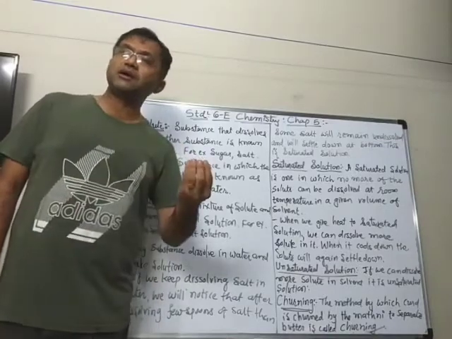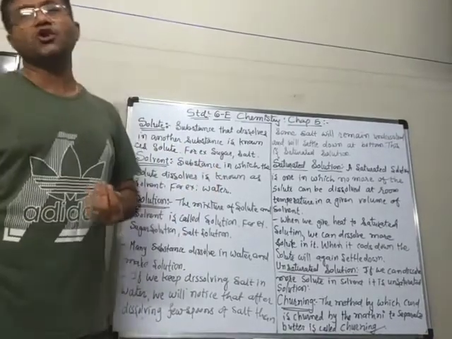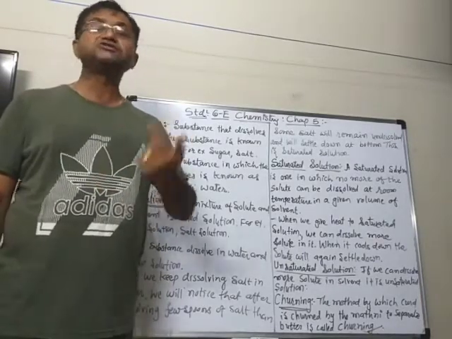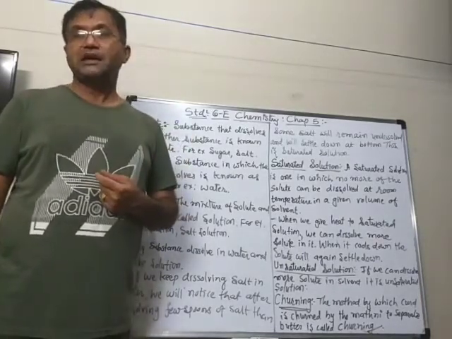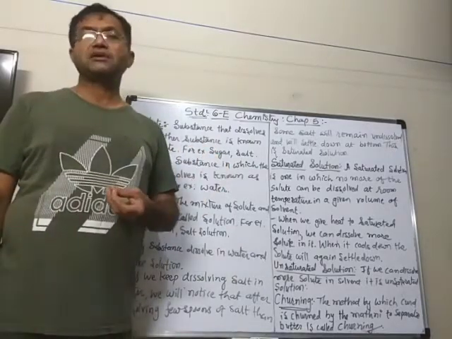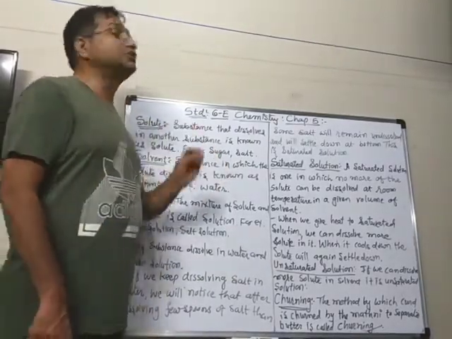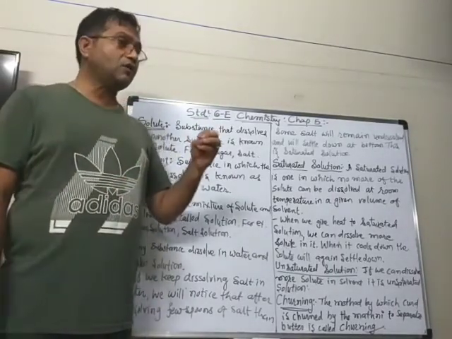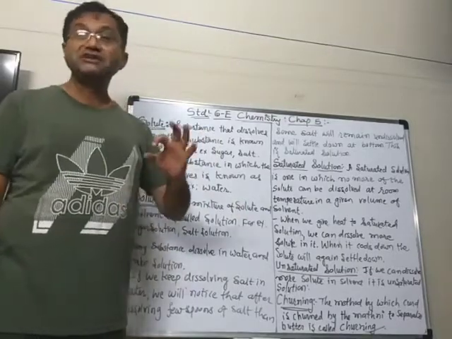So when we put that salt or sugar in water, it dissolves in water. Therefore the sugar and salt are known as solute. Now, solvent. What is the solvent?